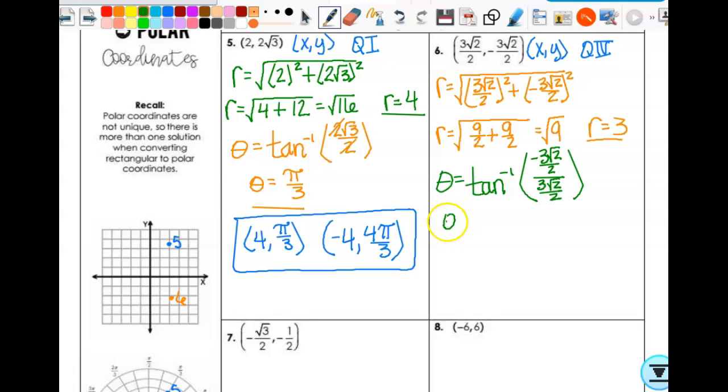So I really have theta equals the tangent inverse of negative 1. So I know that tangent is 1 at the pi fourths angles, and it's got to be negative, and I'm supposed to be in quadrant 4, so what's my fourth quadrant pi fourths angle? 7 pi fourths. Very good. Okay, so my ordered pair is 3, 7 pi fourths.